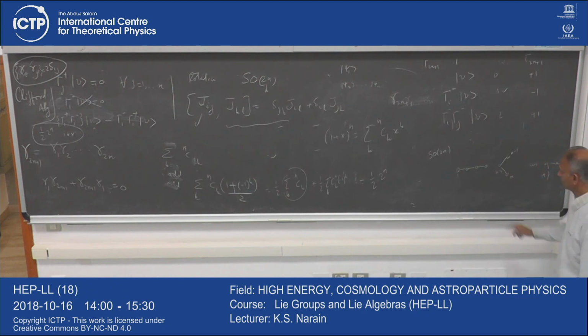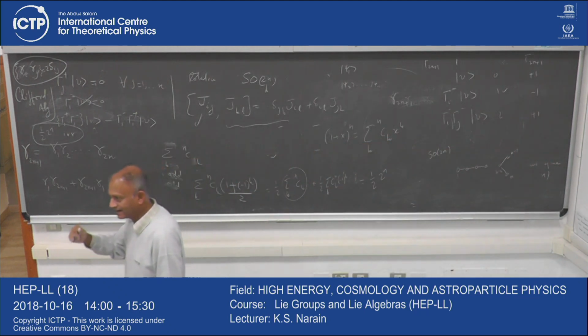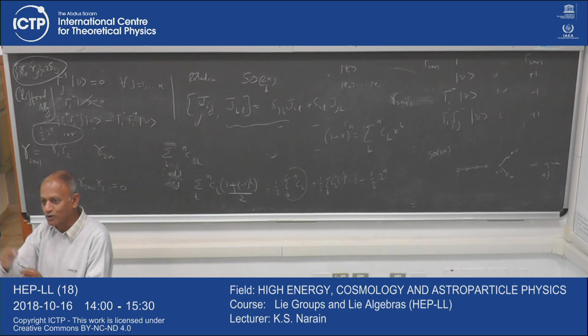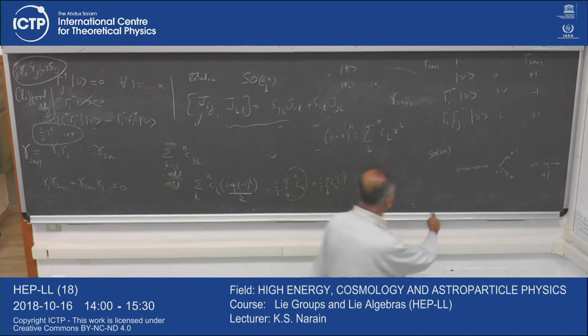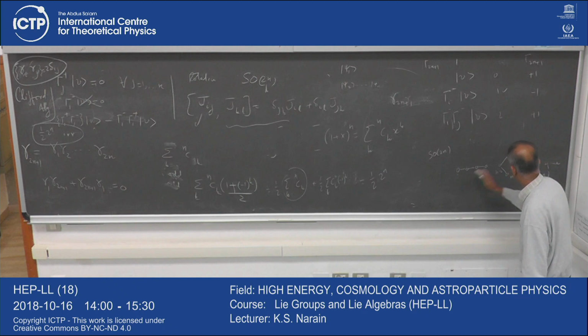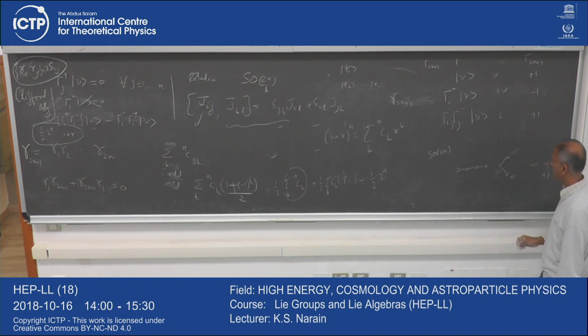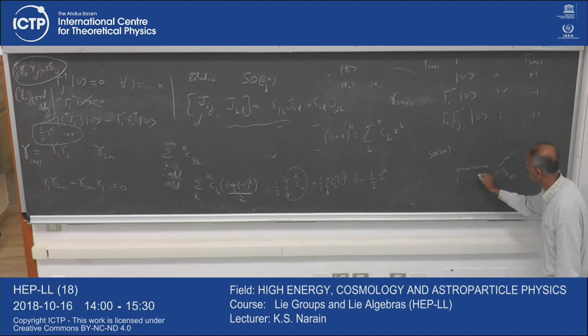Now, I told you also that any irreducible representation I can define by just specifying non-negative integers to each simple root, right? Each of these circles represents a simple root. For example, there will be one representation where I put 1 here and everything else 0. The non-negative integers could be 0.